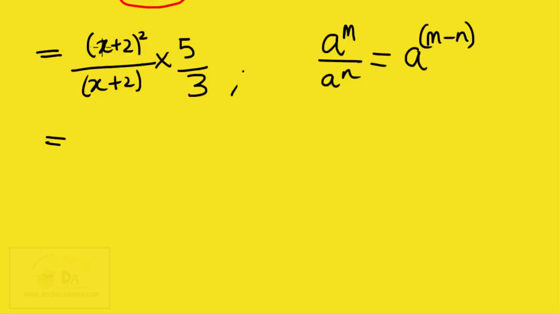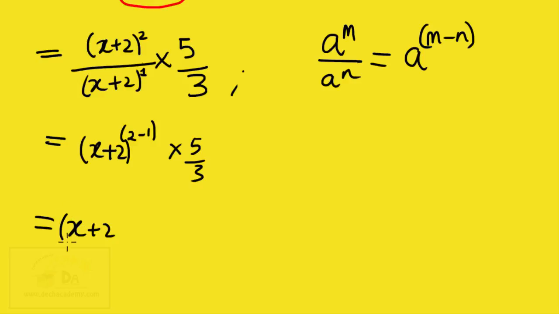So x plus 2 all to the power of 2 divided by x plus 2 is the same thing as x plus 2 to the power of 2 minus 1, because this is x plus 2 to the power of 2, this is x plus 2 to the power of 1. All of this times 5 over 3, which is x plus 2 to the power of 1, which is x plus 2, times 5 over 3.